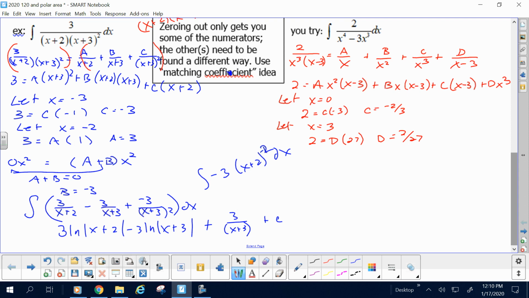Straightforward coefficients of negative 2/3 and 2/27. Okay, that sounds like you're on the right track.